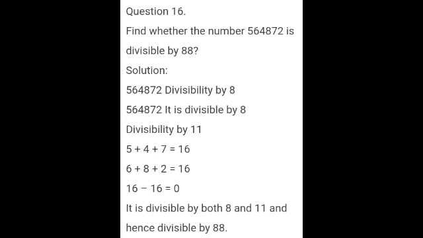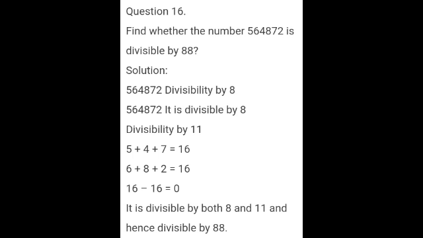Now we need to find out the divisibility by 11. Why do we need to check the divisibility by 11? Because 11 eights are 88, so it is a multiple. So we can check first whether it is divisible by 11. We have to add the odd place digits and the even place digits separately. The odd places are the 1st, 3rd, 5th and 7th places. Those digits are 5, 4, 7, and the sum of 5, 4, 7 is 16.